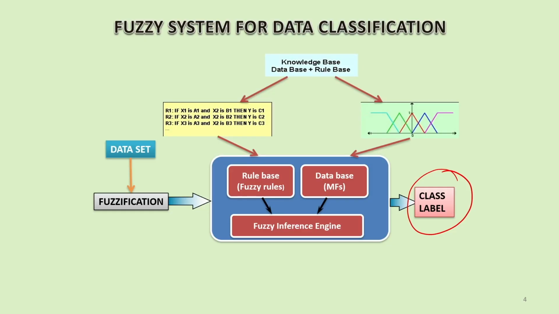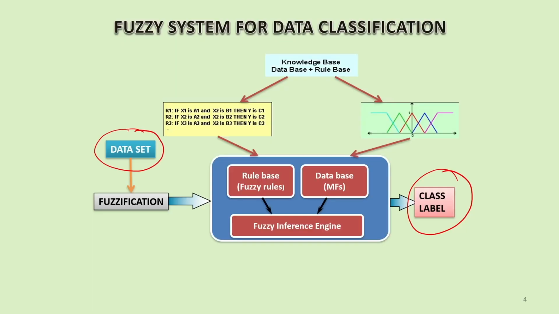Even for control related problems as well as for classification problems, two things are needed: database as well as rule base. These form the major part of the fuzzy system, because based on the rule base and database the fuzzy inference engine is executed and we produce the result.